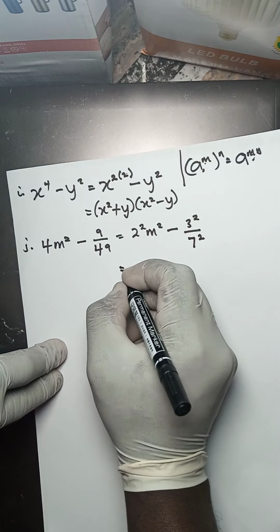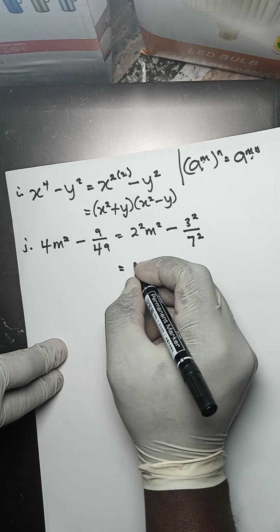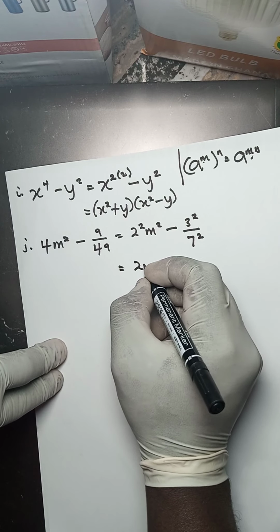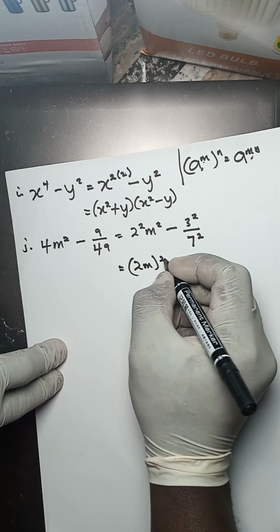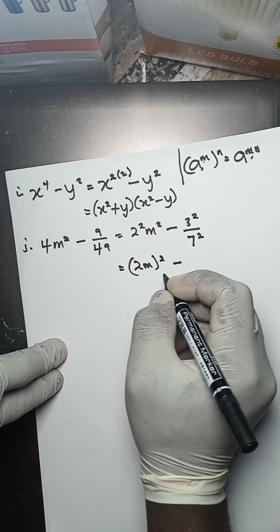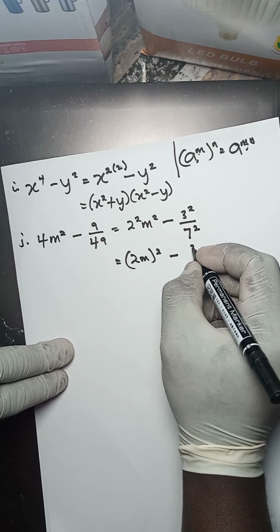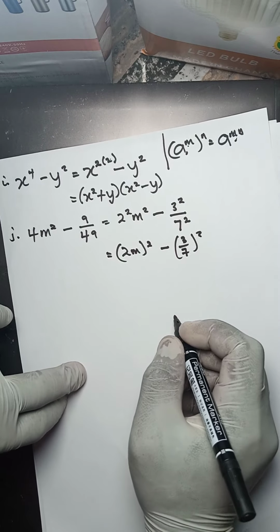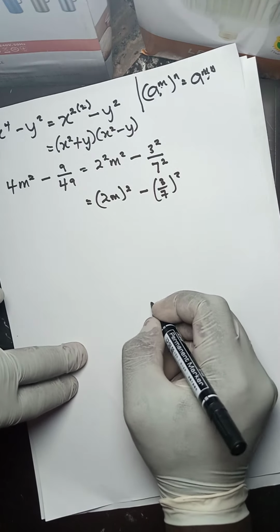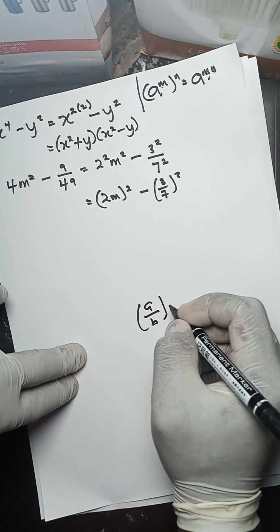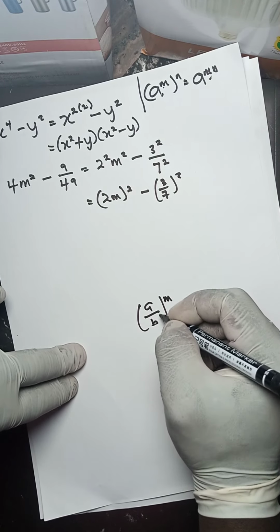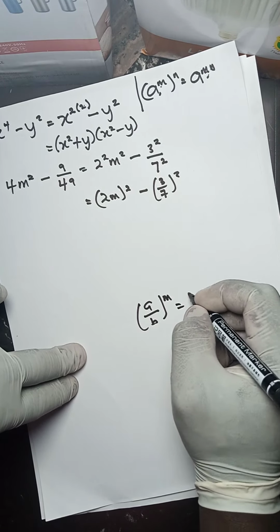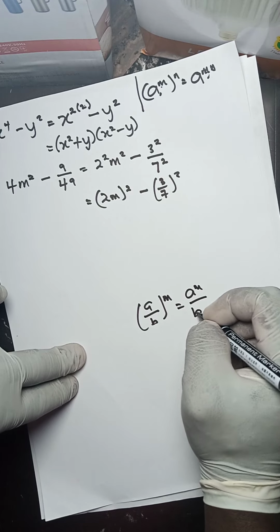Okay, and again we can merge this to be 2m all raised to the power 2, and this one too becomes 3 over 7 all raised to the power 2. So this one too is coming from the laws of indices again. That is, if you have a over b raised to the power m, it equals a to the m over b to the m.